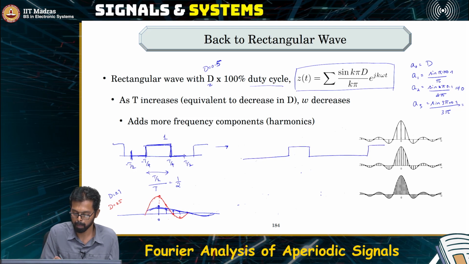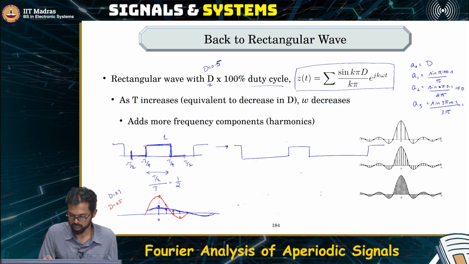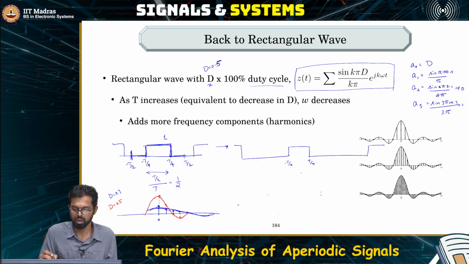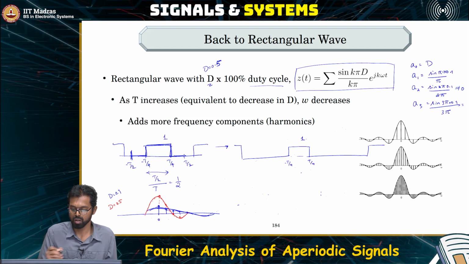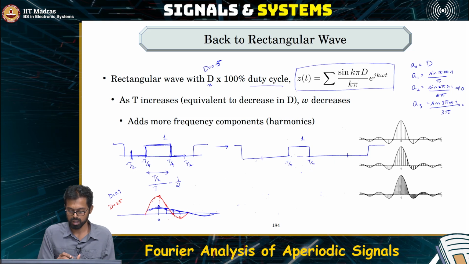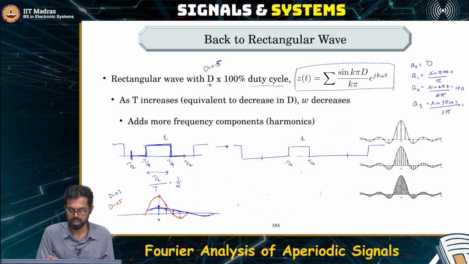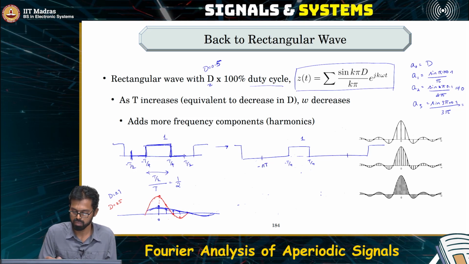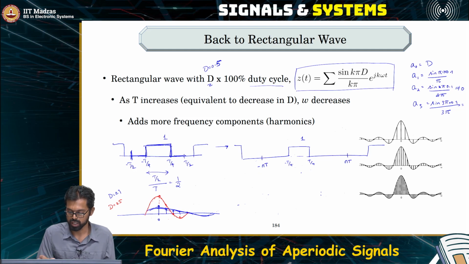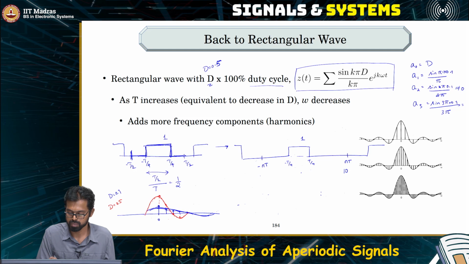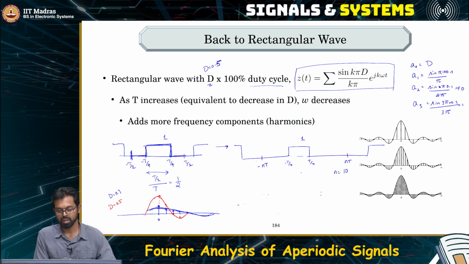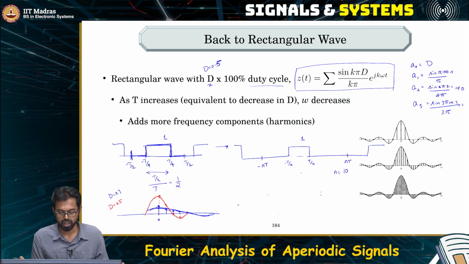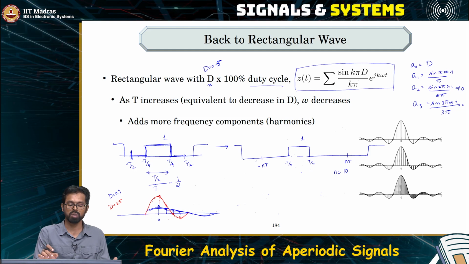Here it is 1 from minus T by 4 to plus T by 4, but it continues to be 0 for a longer time. Let's say this is some minus nT and this is some plus nT, where n, for example, could be 10. So what have we done here? We have essentially taken the same rectangular wave, but increased the period and kept the duration for which it is non-zero the same.